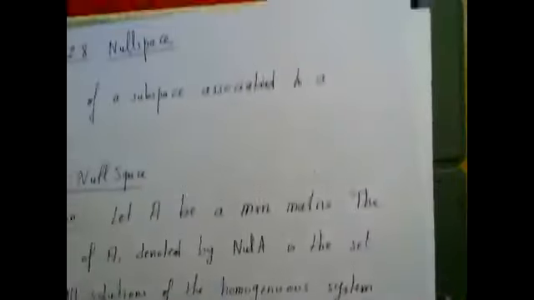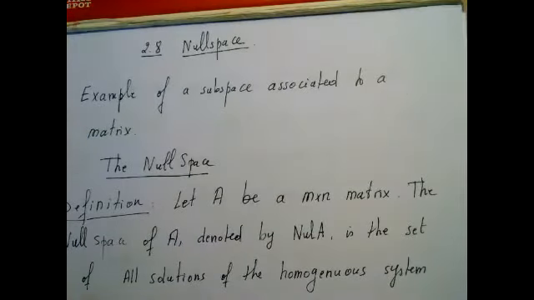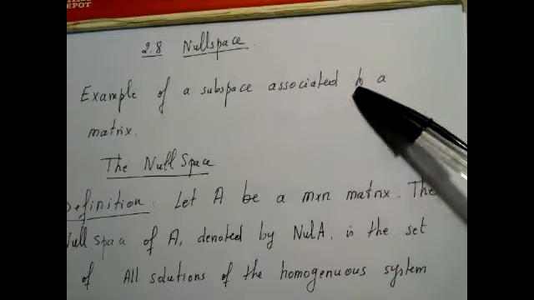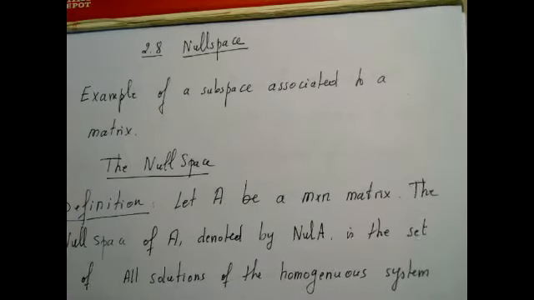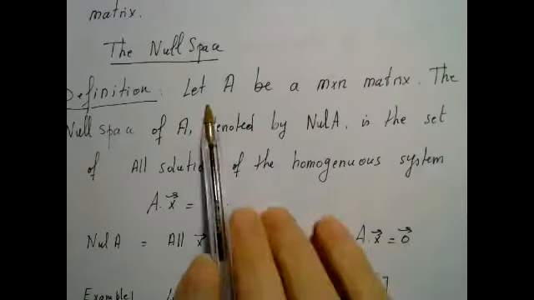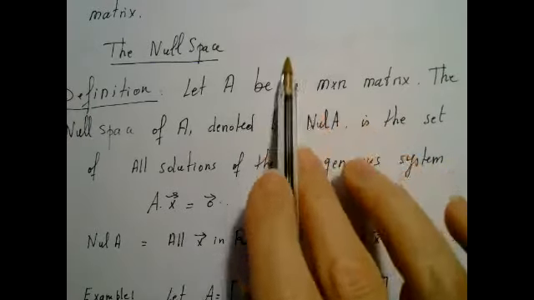It's the null space. Very easy. Okay, null space. So an example of a subspace associated to a matrix is the null space. That's my definition. What's the null space? Suppose I have a matrix A. A matrix, nothing more, nothing less.